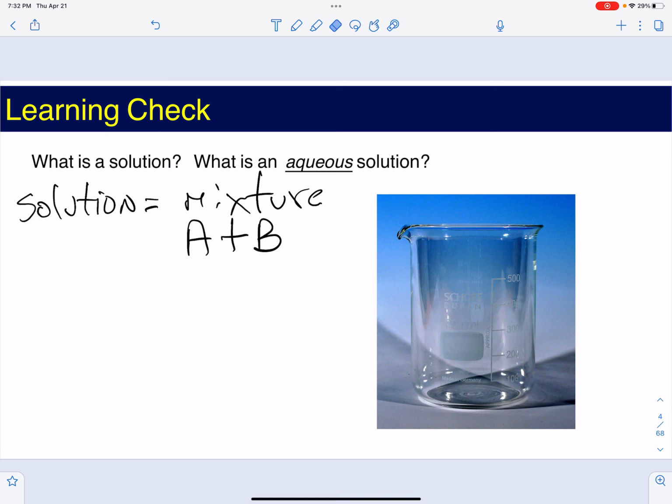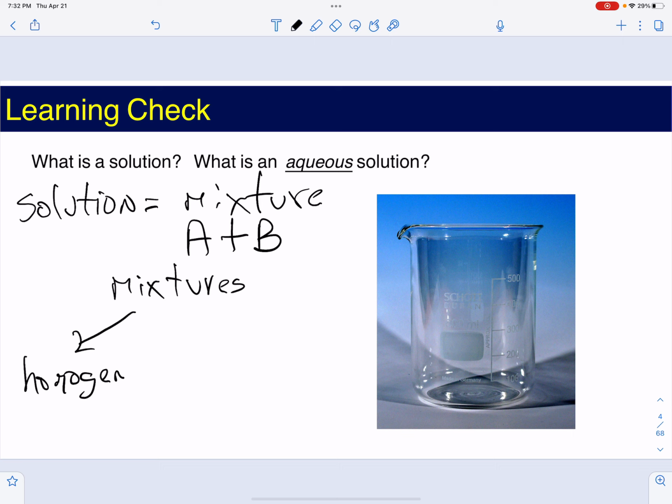But if you remember from chapter 2, I believe, mixtures themselves can either be homogeneous or heterogeneous. And we learned that very early on in the semester.